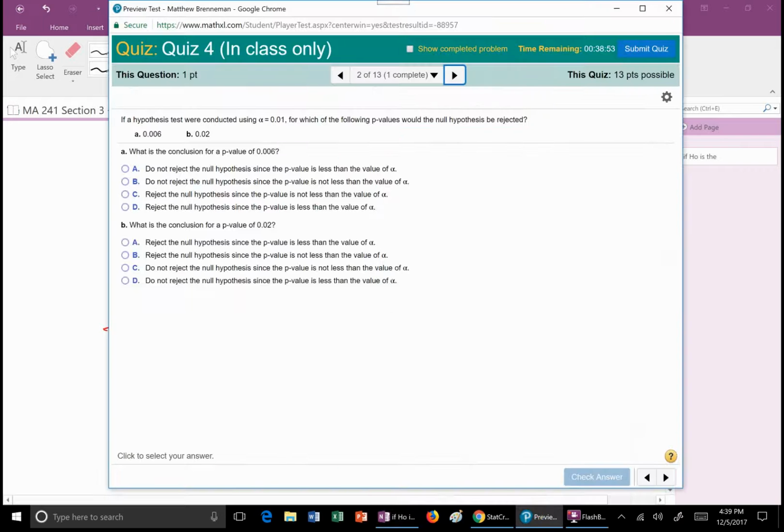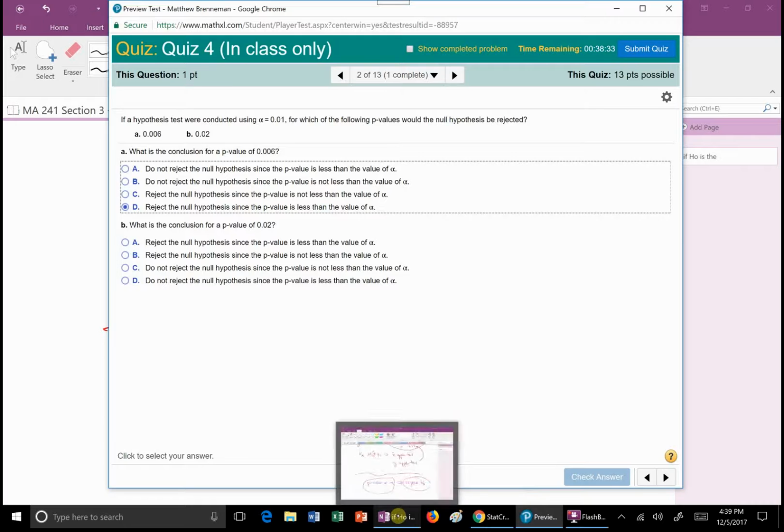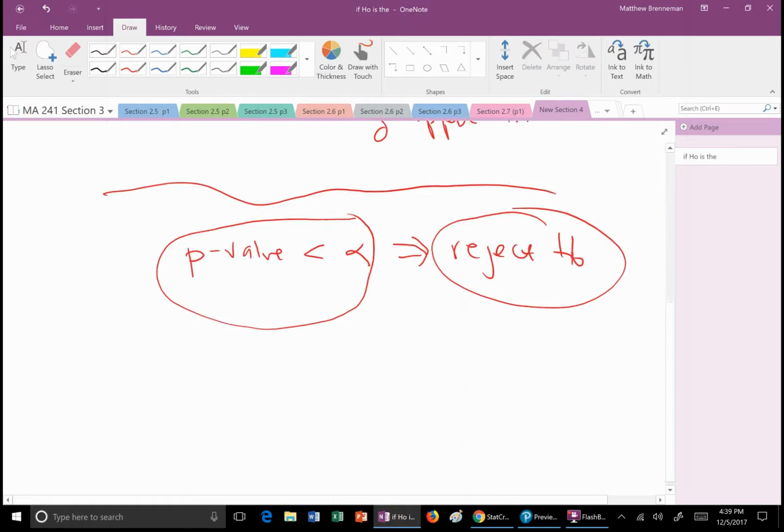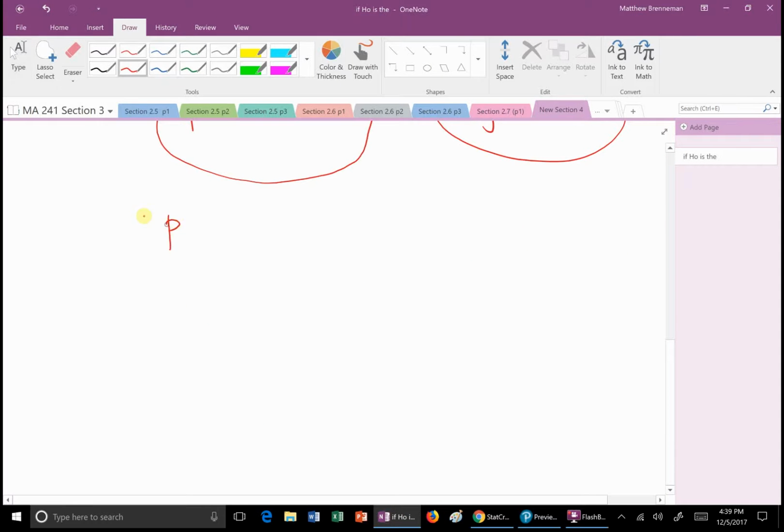So if we go back to this, we know that we're going to reject the null hypothesis. When the p-value is 0.006, we are less than alpha, so we're going to reject the null hypothesis. Let's go back and look at this. For part A, the p-value in my problem was 0.006.